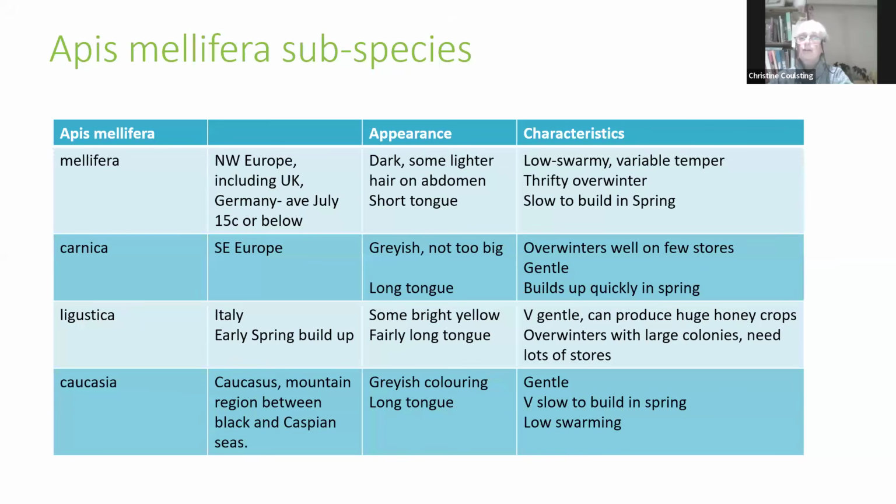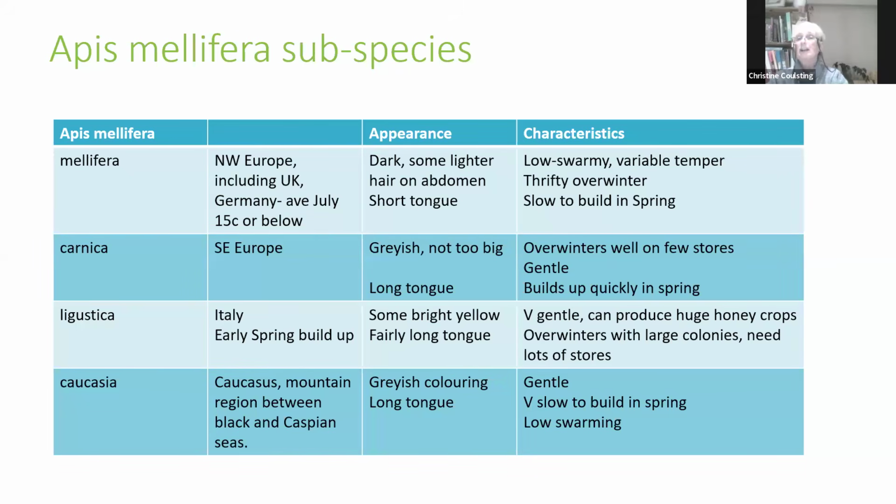And here are some of the characteristics, compared to Carnica, Ligustica, Caucasia. So basically the Carnica from Southeast Europe. A lot of the differences here are the length of the tongue, etc., and how quickly they build up in spring. Ligustica are very gentle and quite popular to bring across here.